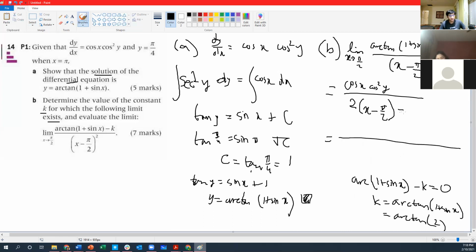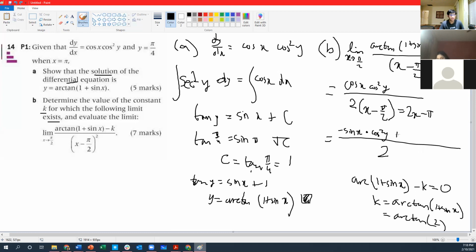So now we have to do L'Hopital again. I'm going to say the denominator just equals 2x minus pi because that makes it easier to differentiate. The next time we differentiate, in the bottom we'll have 2. And in the top, it's product rule. Derivative of the first function, which is minus sine x, times cos squared y, plus the derivative of the second function times the first function.